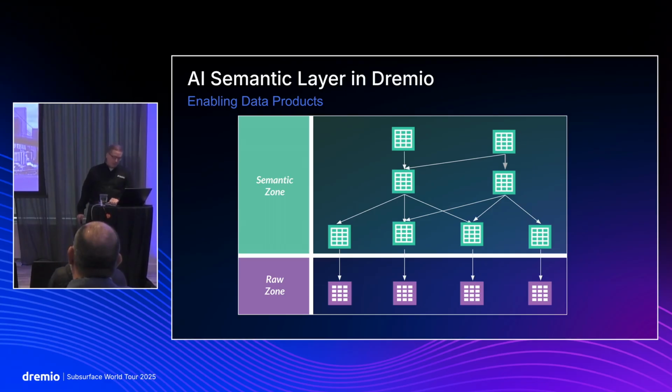Now, how does this work in Dremio, right? So, Dremio is very flexible, but, again getting to the best practices here, we do recommend dividing that semantic layer into zones. And if you've used Dremio before, you'll see at the bottom these purple icons, the raw zone at the bottom there.